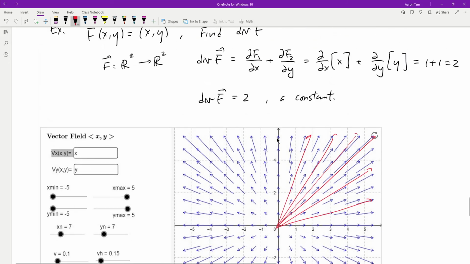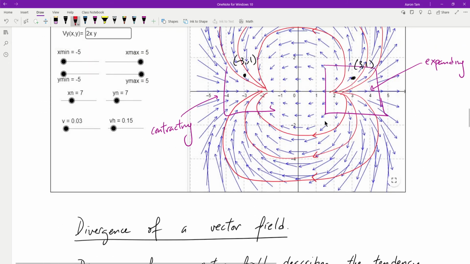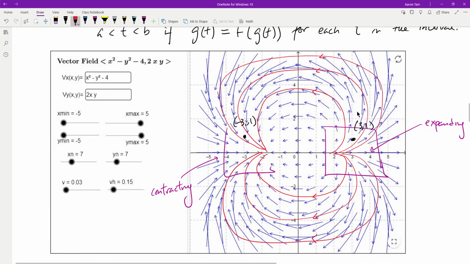This is different compared to this picture, where the divergence changes at each point. As you can see, maybe in the beginning the divergence is bigger, but then as you move backward the divergence is smaller, so the flow lines don't flow as far away from each other or expand at the same rate until they eventually converge back toward each other.